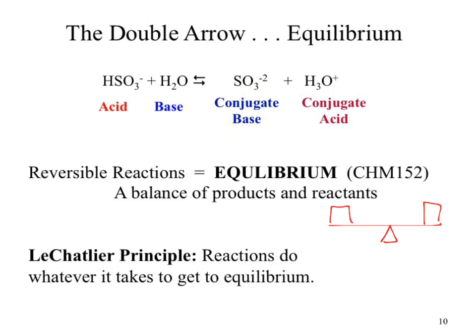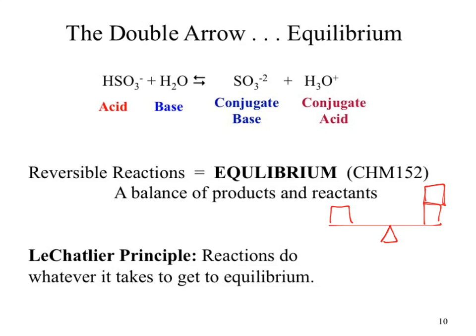That changes the concentration of the H3O+ on the product side, which means I now have more products. What happens to the seesaw? It gets out of balance. Okay, we're no longer at that level playing field. The reaction wants to be at that level playing field. In fact, it has to be there.